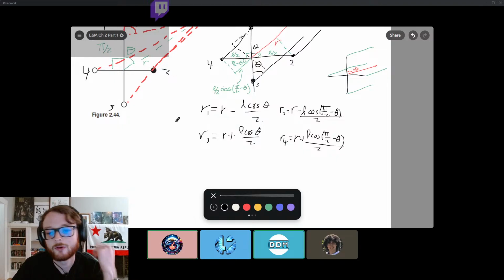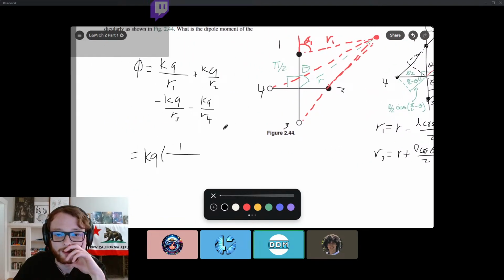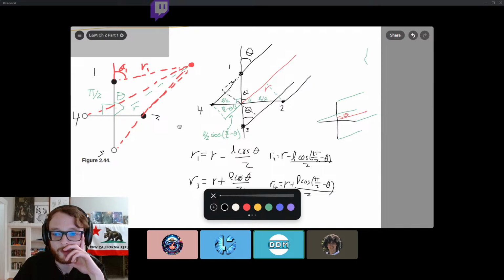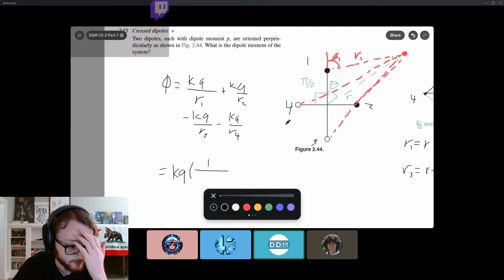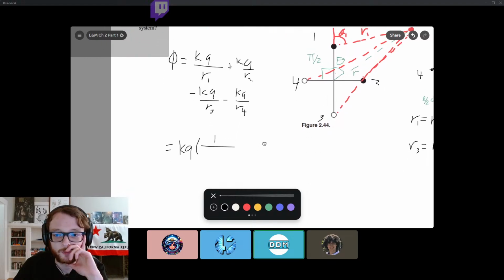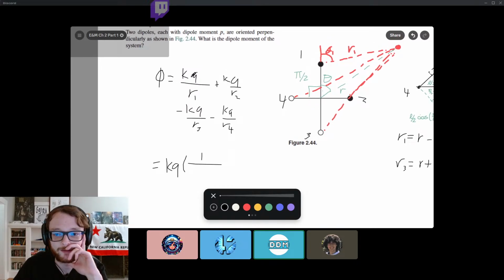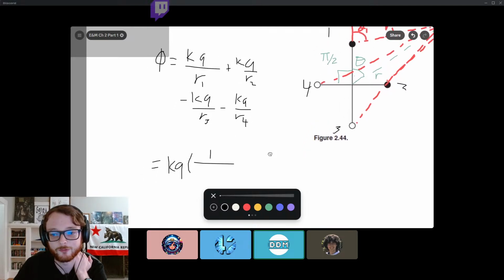I'm curious what the something is. Sorry, yeah, so I'm just kind of blindly copying what the book did to get the dipole moment. So we're using the same kind of approximation technique, and we're plugging into the equation for electric potential V, and hopefully it spits out something that we can interpret as a dipole moment. So I went back over to the left side where I wrote an initial equation for phi with R1, R2, R3, R4, and went over to the right side to figure out what those R's should be.